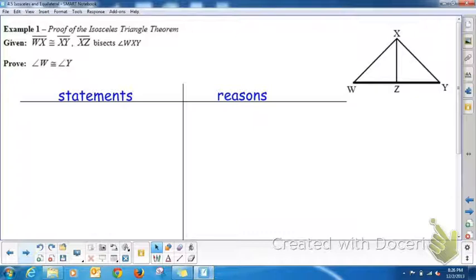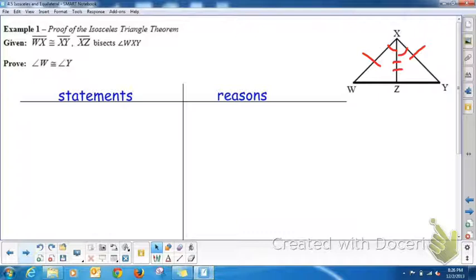Let's prove the isosceles triangle theorem based on what we already know. If you are given that WX is congruent to XY, and you are also given that segment XZ bisects angle WXY. Well, bisects means it cuts it into two equal angles. And then we also know that XZ is congruent to itself.